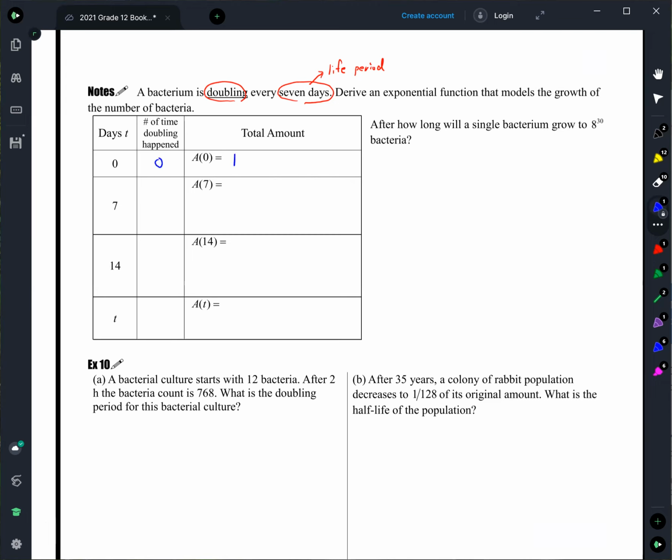And because it doubles every 7 days, we are going by 7 days, instead of 1 day, 2 days, 3 days, because nothing happened in between. So after 7 days, it doubles once. So I put 1 there. That means after 7 days, you will see 2 bacteria, right? So 1 times 2.